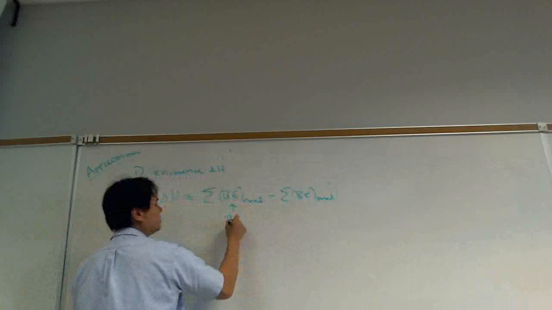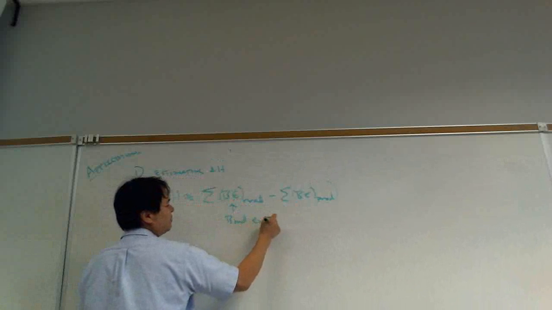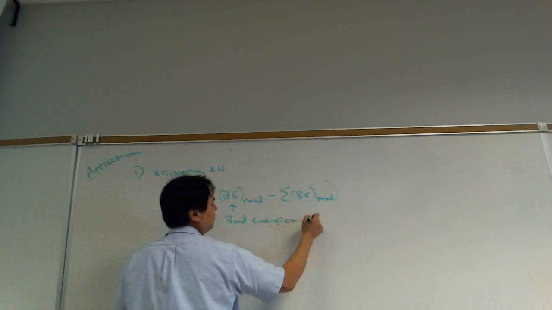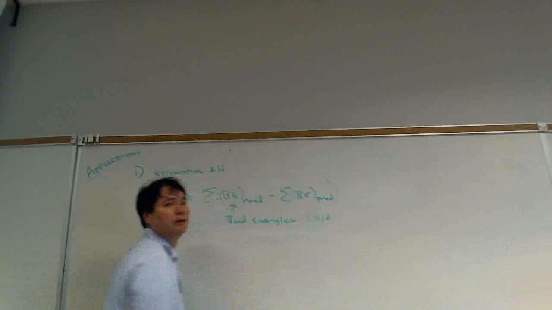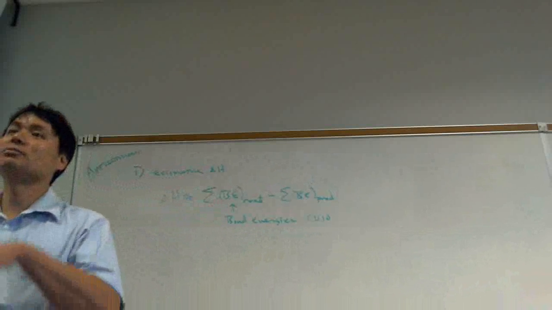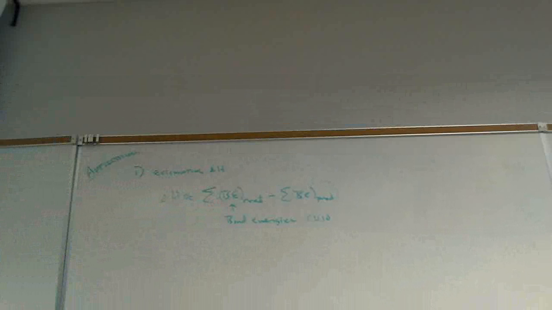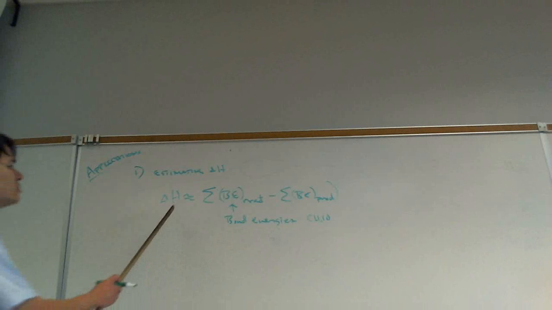The bond energies are in chapter 10. There's a table, the average bond energy. The average bond energy for a hydrogen-oxygen bond was 466 kilojoules per mole. Remember that? But to break a hydrogen-oxygen bond in water costs 500 kilojoules. So this is just an estimate, because we're just using the average.